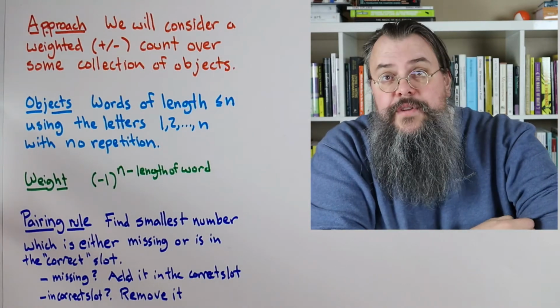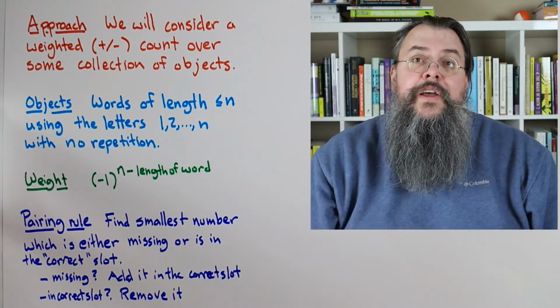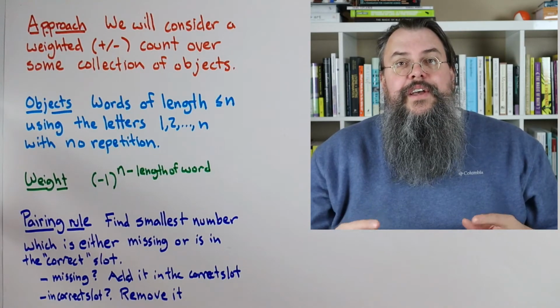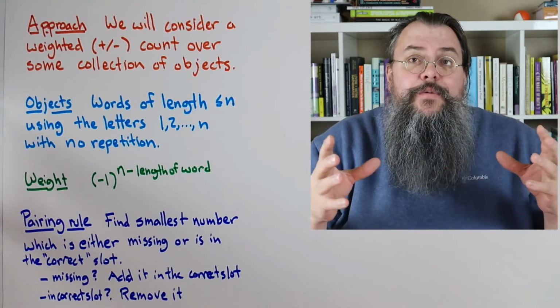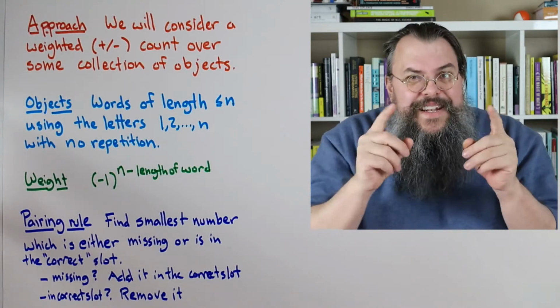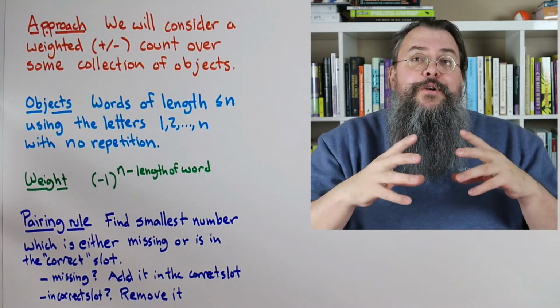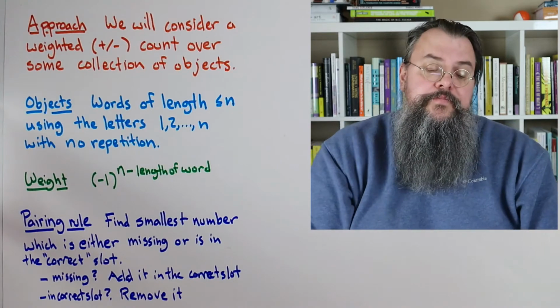You don't only have to use plus or minus, but that's a fairly common one to do. The trick is to think of the right collection of objects and to make it so that at the end of the day, the final count, that difference between all the pluses and all the minuses, will somehow be the right thing. In our case, the derangements.